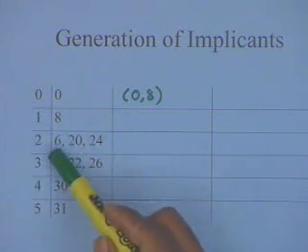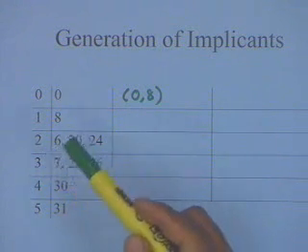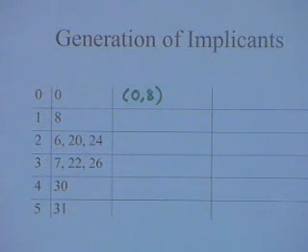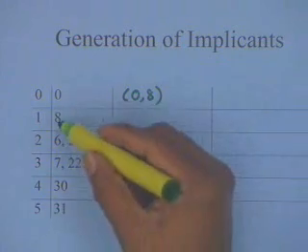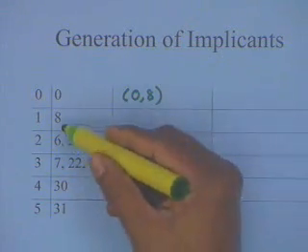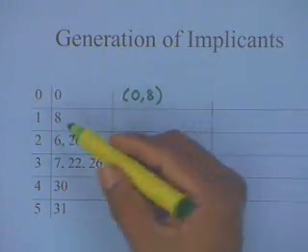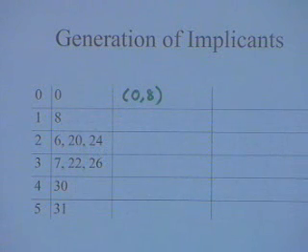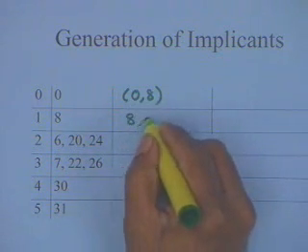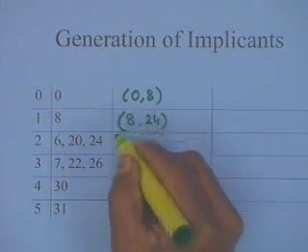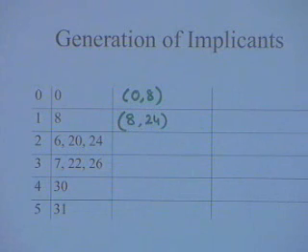So 8 and 6 cannot combine because it satisfies only one of the conditions. If you consider 8 and 20, the first condition is not satisfied, the difference is 12. But if you consider 8 and 24, the difference is 16, and so it satisfies the condition, and so it is 8 and 24.